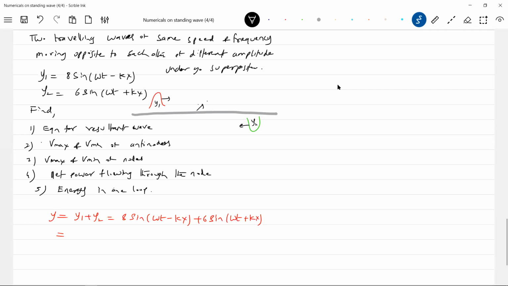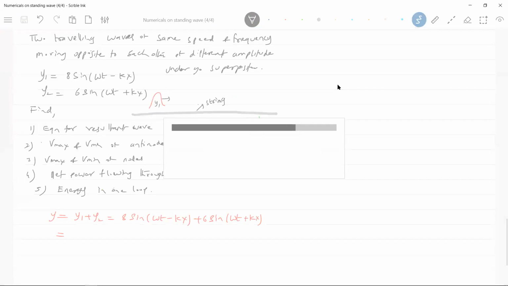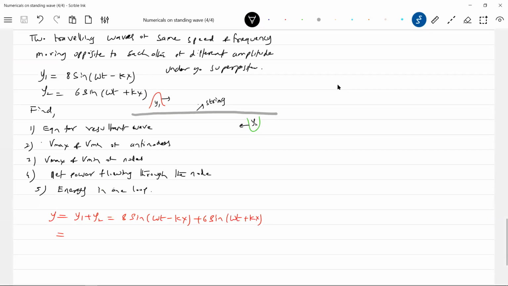There's a string. It is maintained at tension, let T be the tension in the string, whatever is needed. So shall I simplify this? Shall I write this 8 as 6 plus 2?